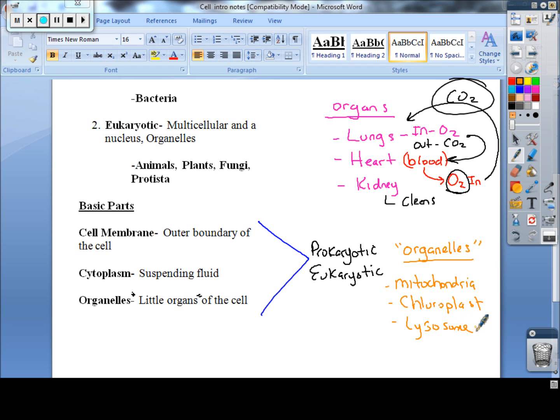If you want to write this, and I'm not going to write it, mitochondria produces energy. Chloroplast takes sunlight, produces food, which then can make energy. Lysosomes, like the garbage man, clean up the cell. All these things do functions. They work together to keep the cell alive, all the functions that it needs to do to remain a living thing. So that's why they're called little organs.